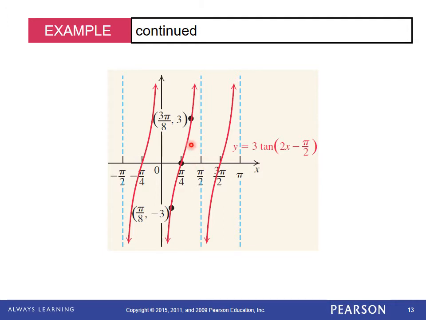We're going to go up to 1, but because we have a vertical stretch of 3, we're going to go all the way up to 3. So we mark that point here, and then we break this up. In a sense, we're still breaking up into 4 pieces. The middle section is where the 0 hits, and then the lower section is when it goes down, and that goes down to negative 3.